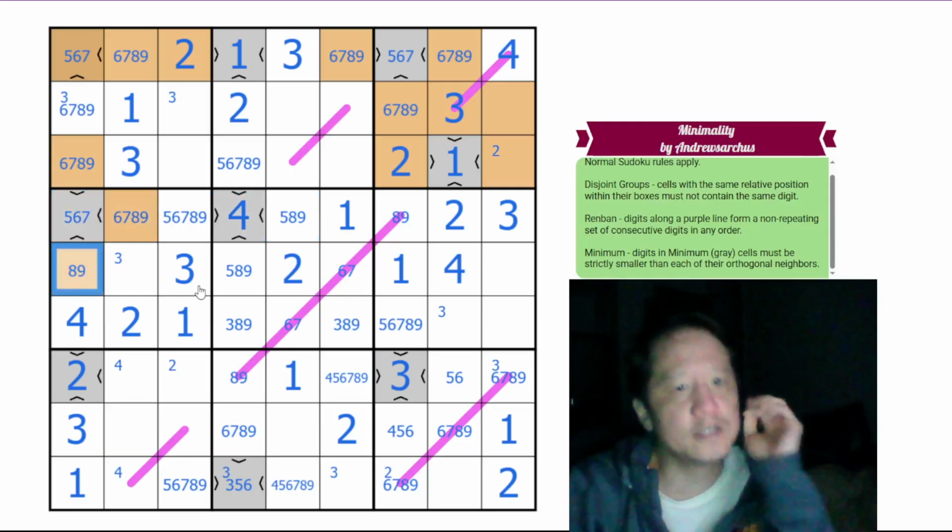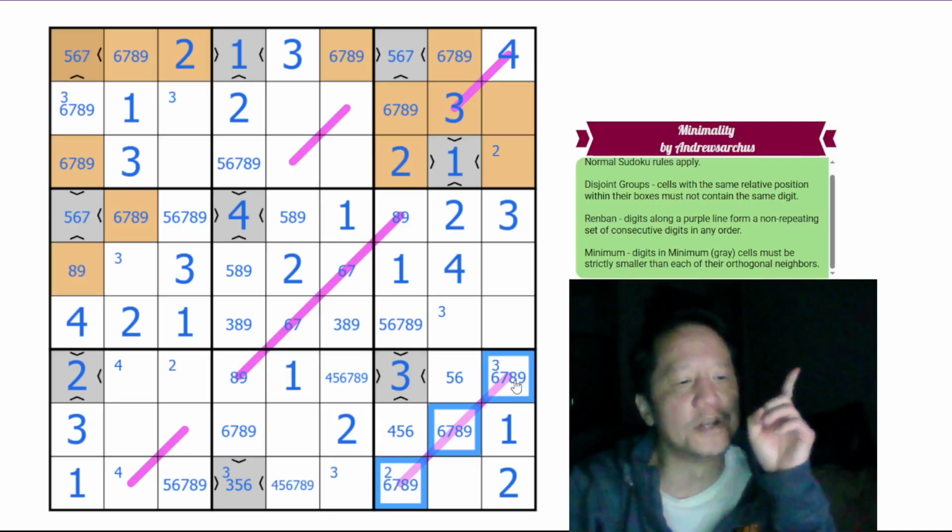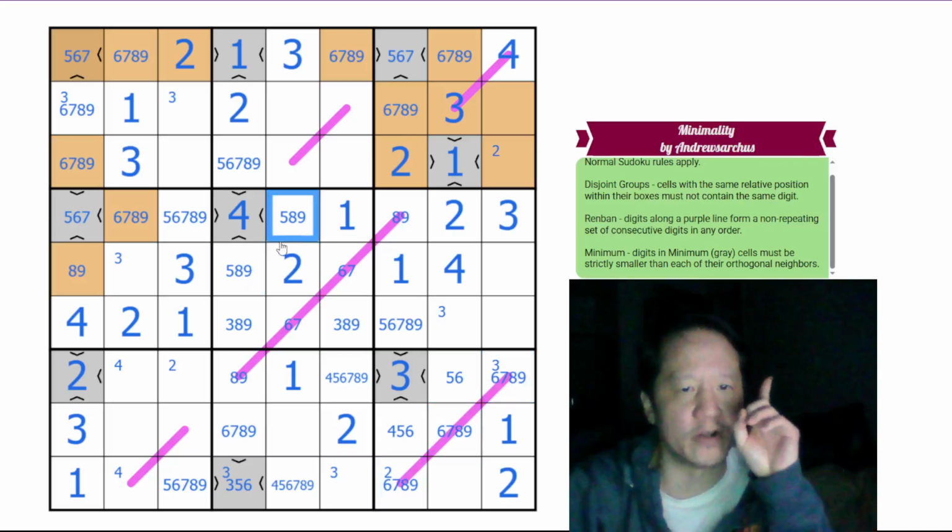So this is an 8, 9. Hold up. I don't think this is actually accurate now, thinking about it. You could have... No. Okay, that's right. 6 does require an 8, 9 there.